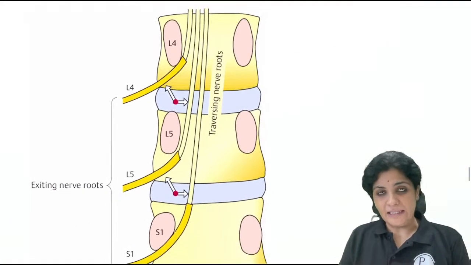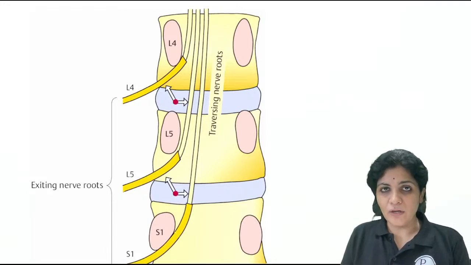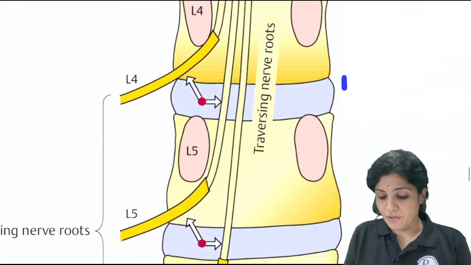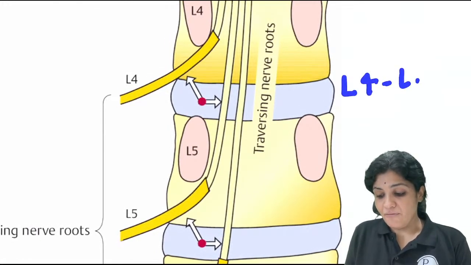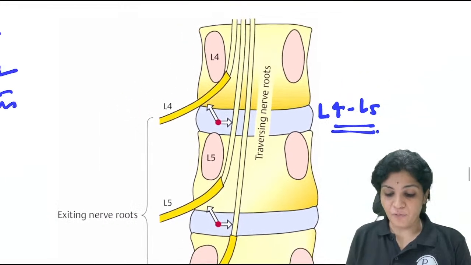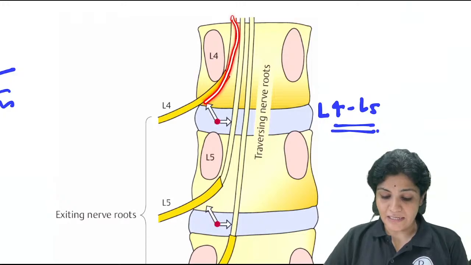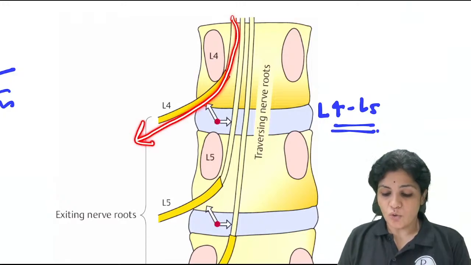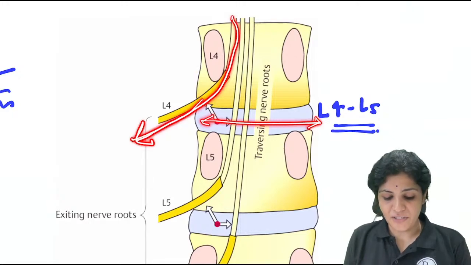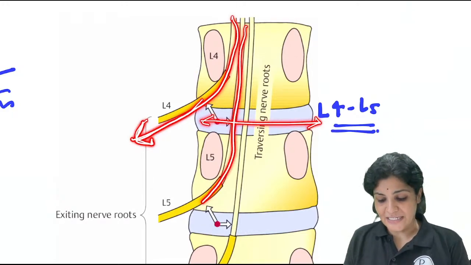If you see this cross section, there are two important nerves. Always remember that whenever you're talking about a disc, this is an L4, L5 disc which we are talking about, right? If you see the nerve which is exiting here, at the L4 and L5 disc there is an L4 nerve which is exiting and the L5 nerve which is traversing.